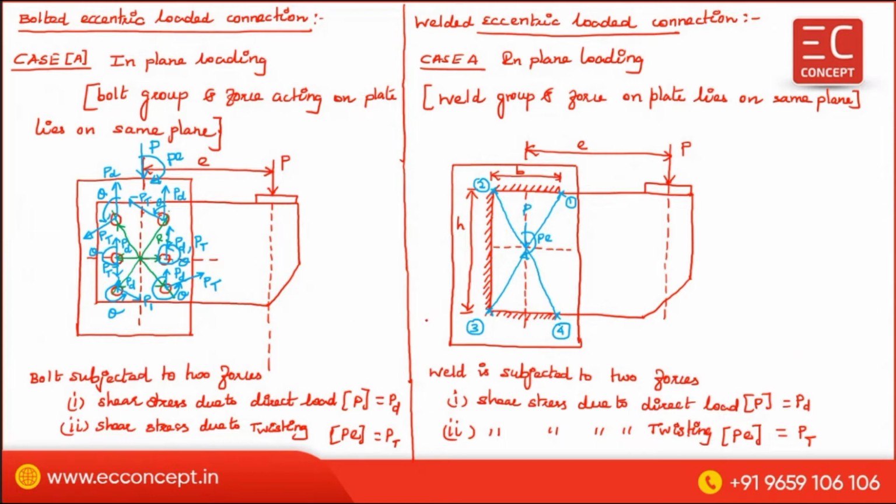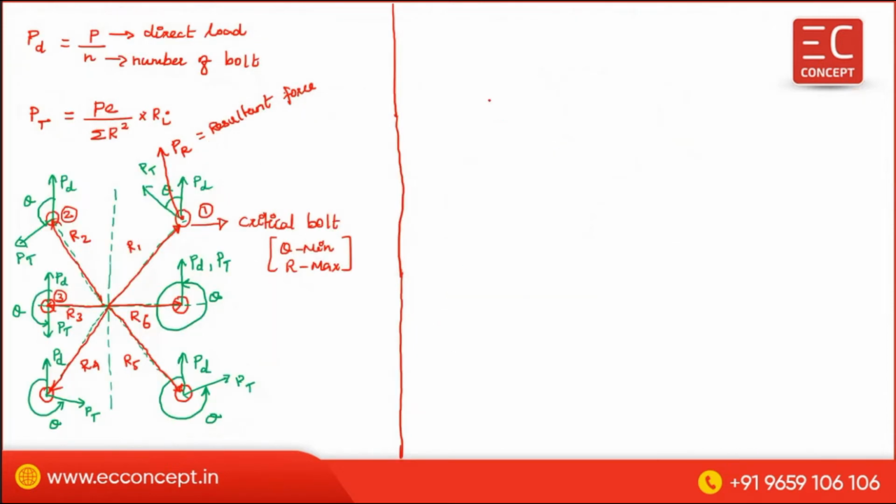PD in the bolt case we calculate as total force divided by number of bolts, but here it is total force divided by area of weld, which is equal to P divided by L effective into throat thickness.